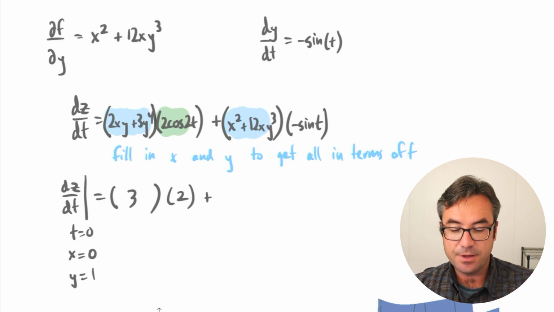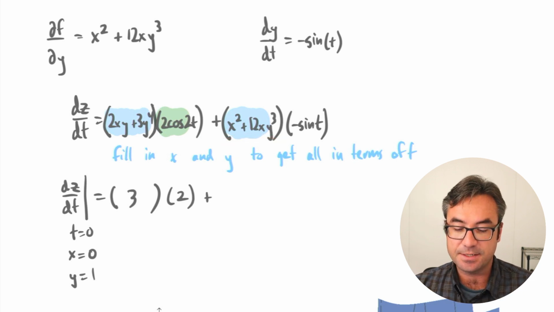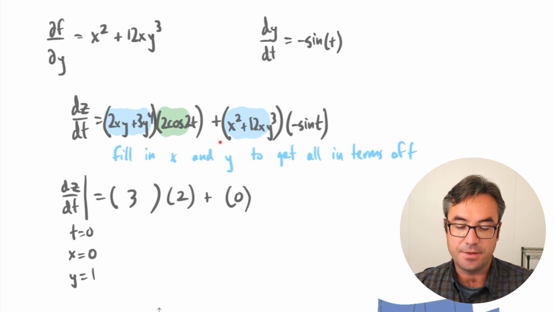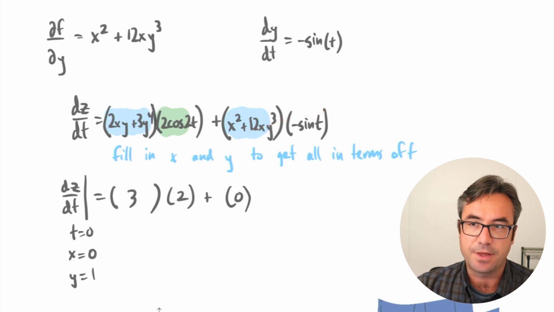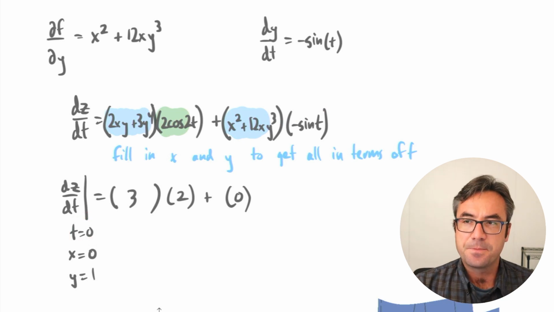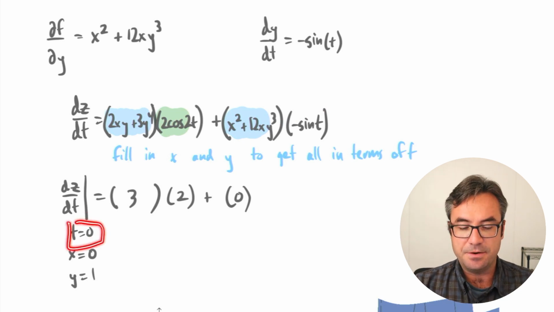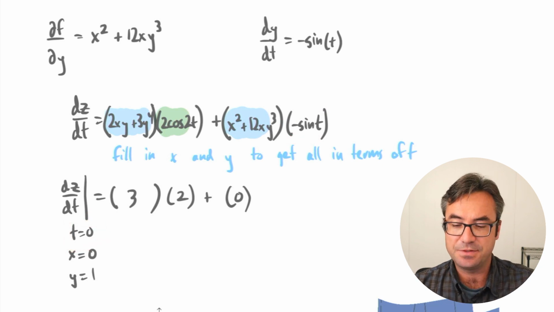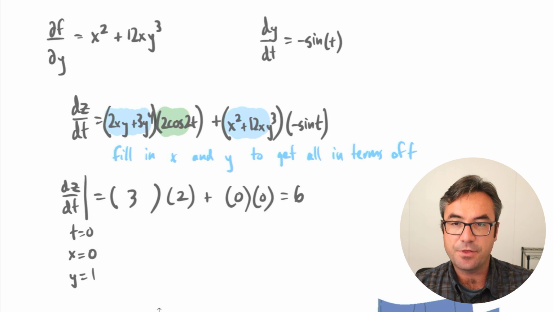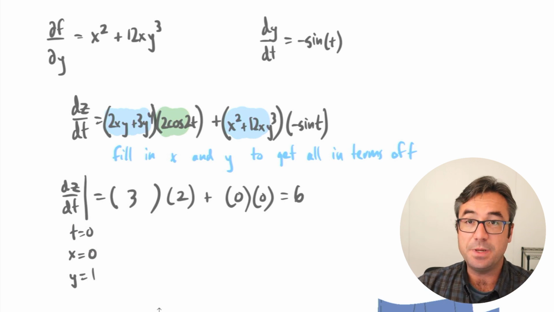And then we do the same thing over here. Wherever I see an x, I'm going to plug 0 in, so that's going to be 0. And automatically this whole second part's going to be 0 then. But just for fun, let's plug t equals 0 into this last part here. We get sine of 0, which is also 0. So we end up with our time derivative here being 6.